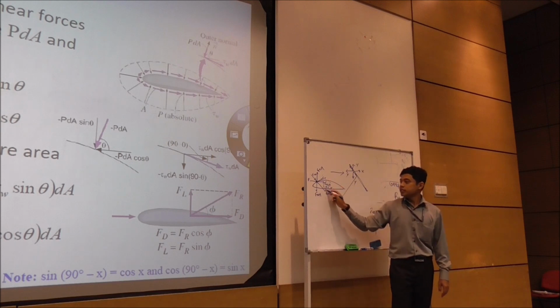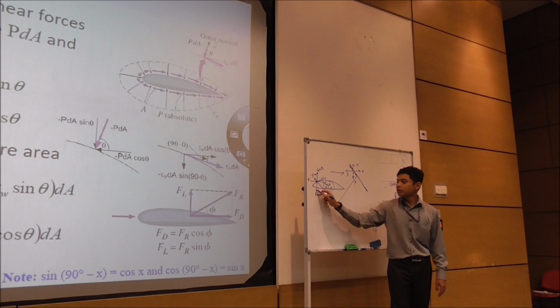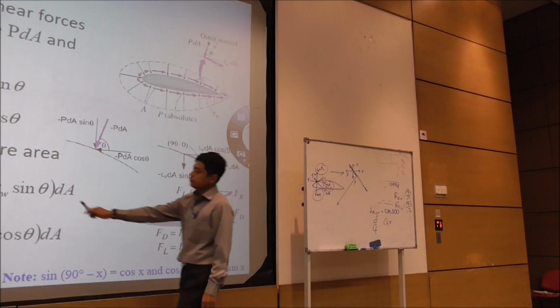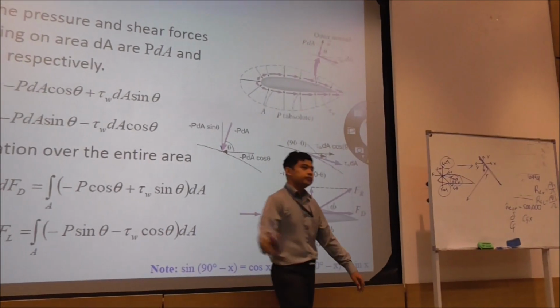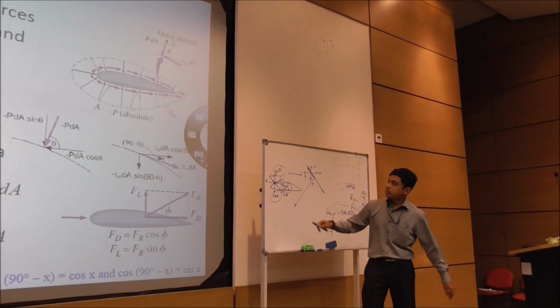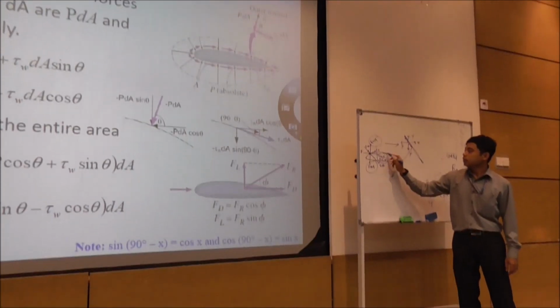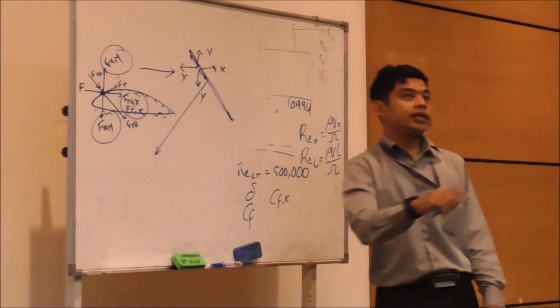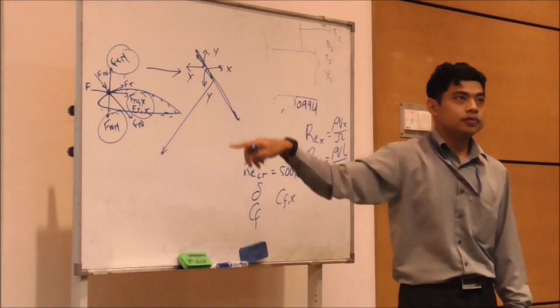So you see, this one is your drag, this one is your negative lift, this one is your positive lift. That's why you got all these things. And since it occurs all over, you need to integrate it. Take the integral of it overall.